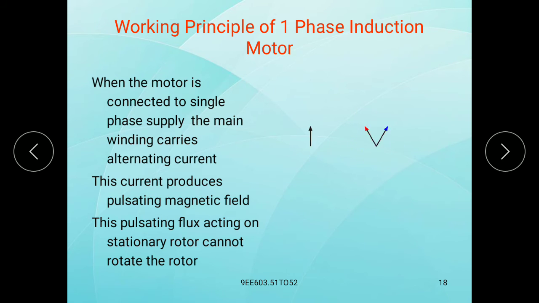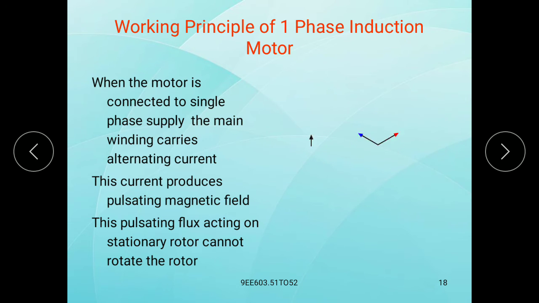This pulsating flux acting on a stationary rotor cannot rotate the rotor. Here this is upward and downward; the resultant also shows upward and downward.